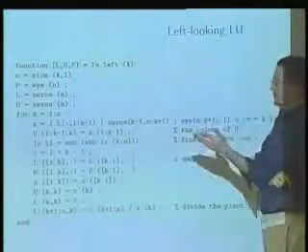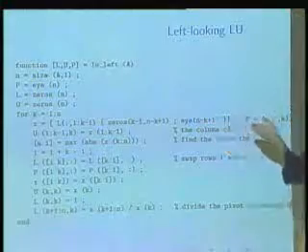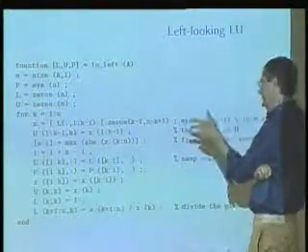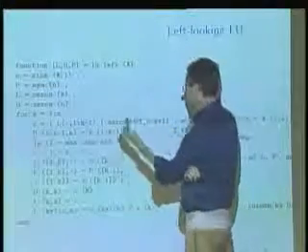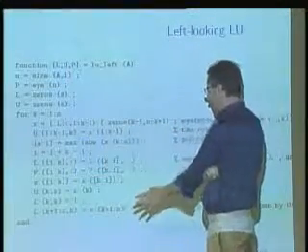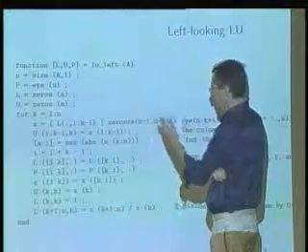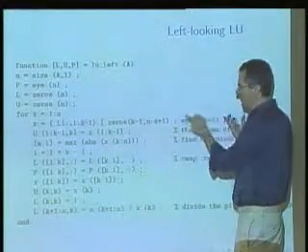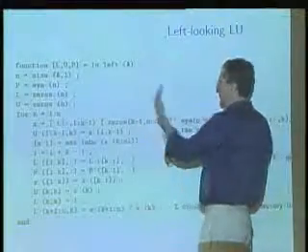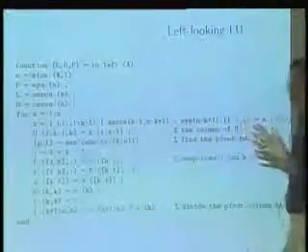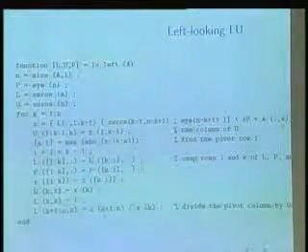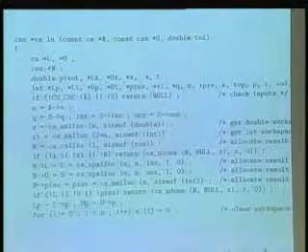U is being written one column at a time, from left to right. Written and then forgotten. L, on the other hand, is very dynamic. It's being written to one column at a time down here. But then it's a left-looking algorithm. So at each step, this triangular solve says, well, let's go back to all of L and do the sparse triangular solve.